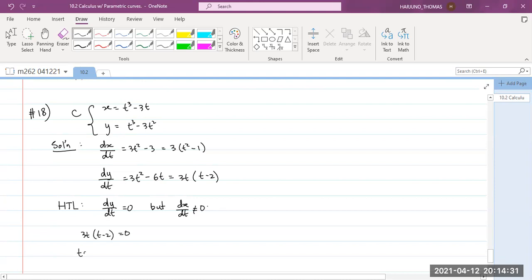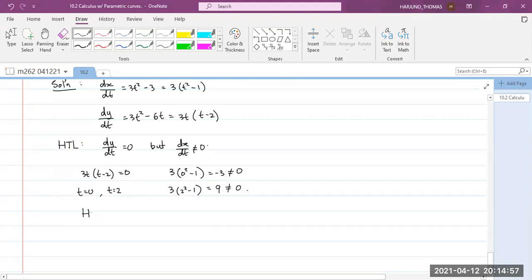So that's when t equals 0 and t equals 2. Now, make sure you check that with dx dt. 3 times 0 squared minus 1, that's negative 3, that's not 0, so it's fine. 3 times 2 squared minus 1, that's equal to 9, that's also not 0.